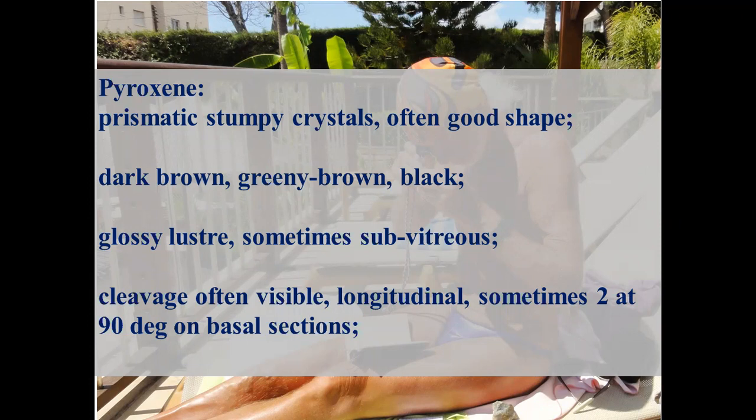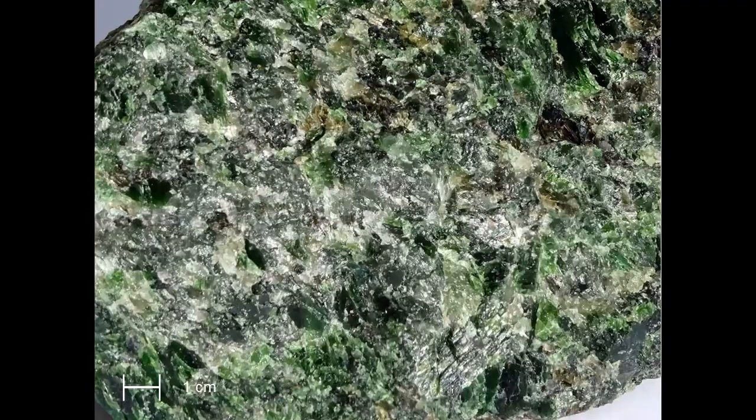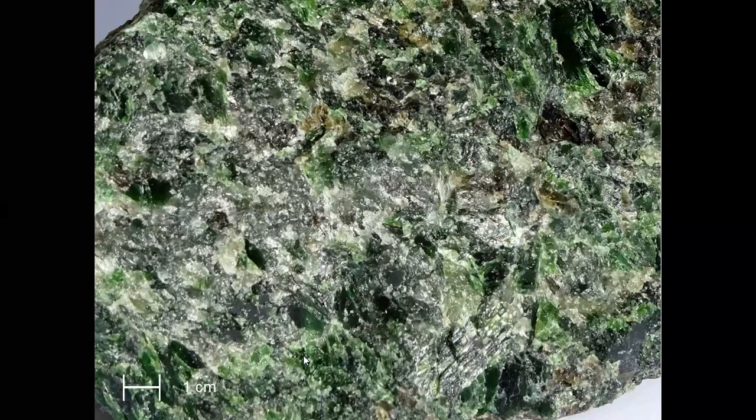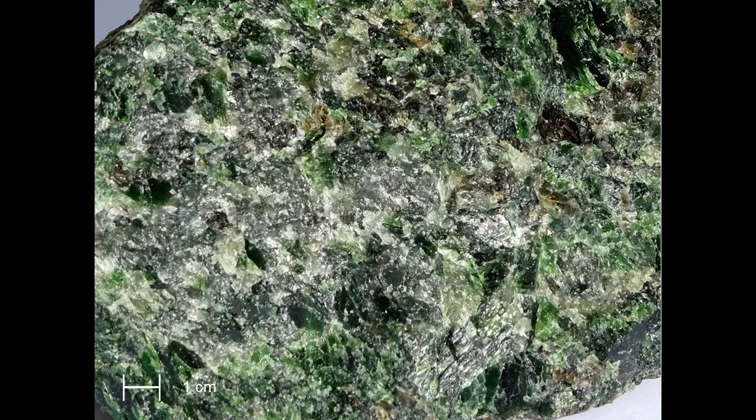Now, if we can put that data into, oh, sorry, I've forgotten about this one. How do we know this one is a pyroxene? Well, you've got cleavage here. It's certainly not a color that we've come across so far, but there's cleavage there, and here's a piece here, and there's cleavage on this piece, and that's a sort of stumpy squat crystal.